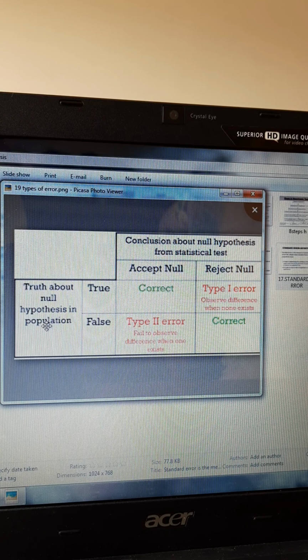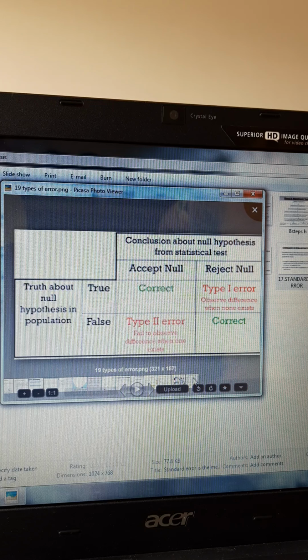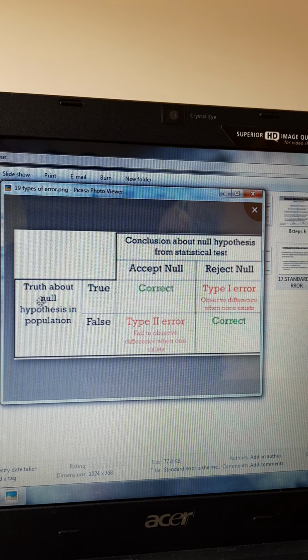Your null hypothesis is true, it is correct, but you have rejected it. It is a type 1 error. Your null hypothesis is false, but you have accepted it as right. Then it is a type 2 error.